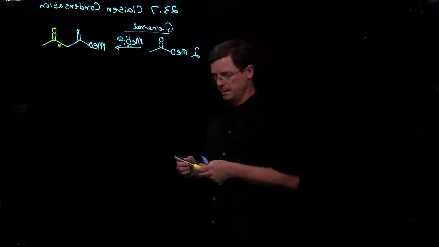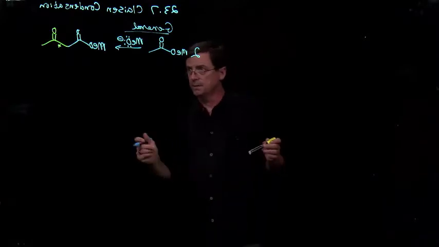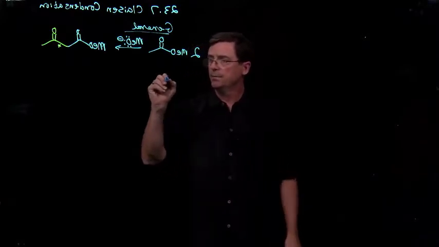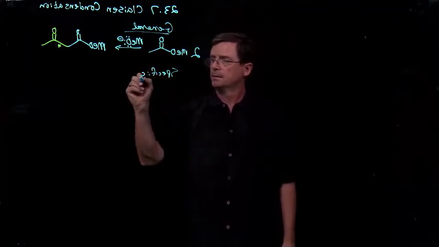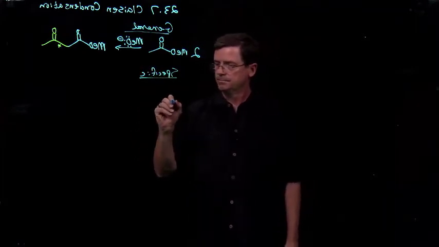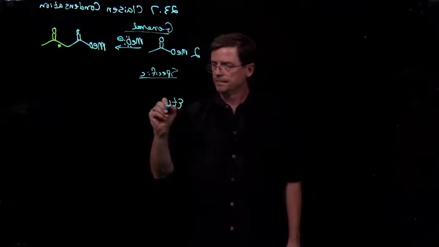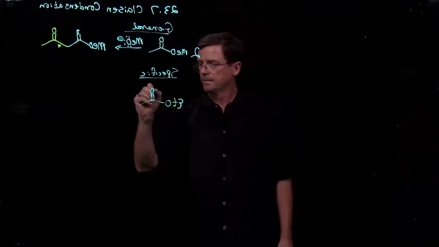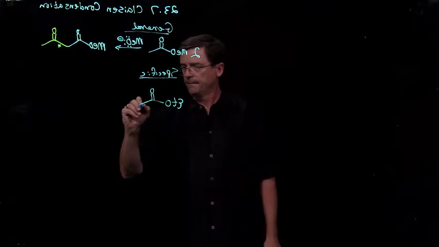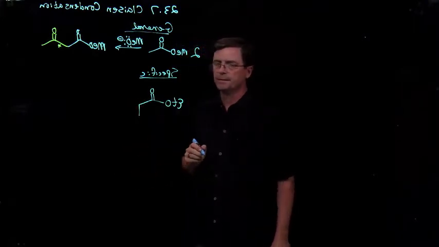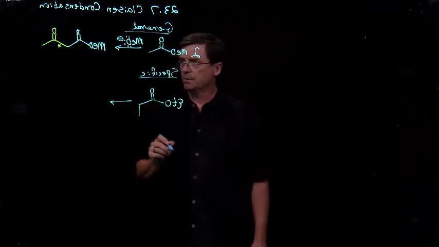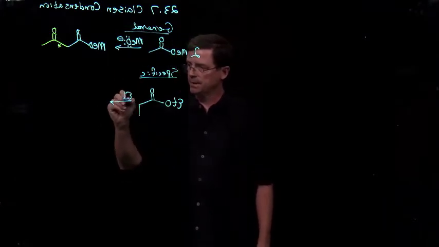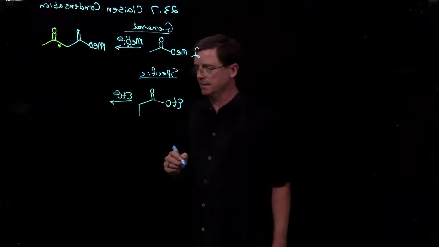All right, so let's look at one of these specifically. If we take this ethyl propanoate, of course now we want to choose the correct base, so ethoxide is what we need here.